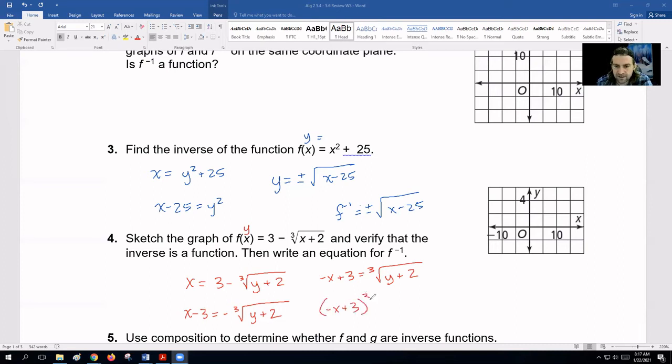Now, we are just finding the inverse, so there's really no point in writing this all out 3 times. If you want to, go ahead, or we can just leave this in the cube. And then to get the y by itself, we minus 2. So we get y equals negative x plus 3 cubed minus 2. Basically the inverse function is negative x plus 3 cubed minus 2.